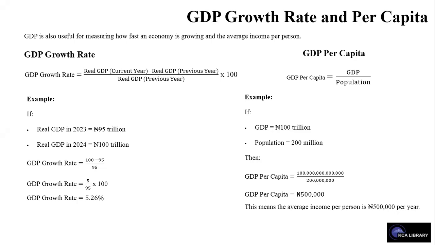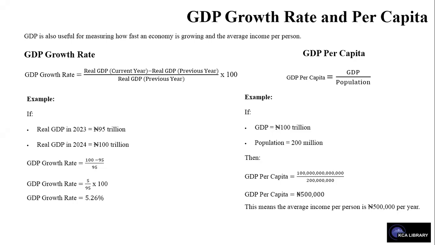For example, if we have a real GDP in 2023 of 95 trillion naira, and for 2024 we have 100 trillion naira, using the formula we get 5.26%, which is the GDP growth rate. As such, we know the exact rate at which the GDP grew from 2023 to 2024.